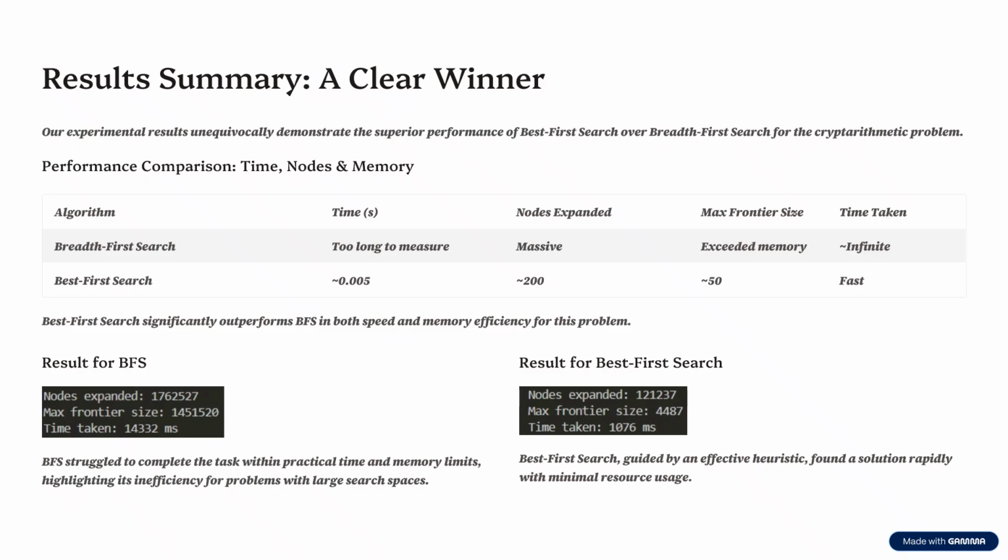BFS struggles to complete the task within practical time and memory limits, highlighting the inefficiency for problems with a large search space. It is good for handling a small search space, but for a large search space, best first search is much more preferred than BFS. Best first search, guided by an effective heuristic, found a solution rapidly with minimal resource usage.